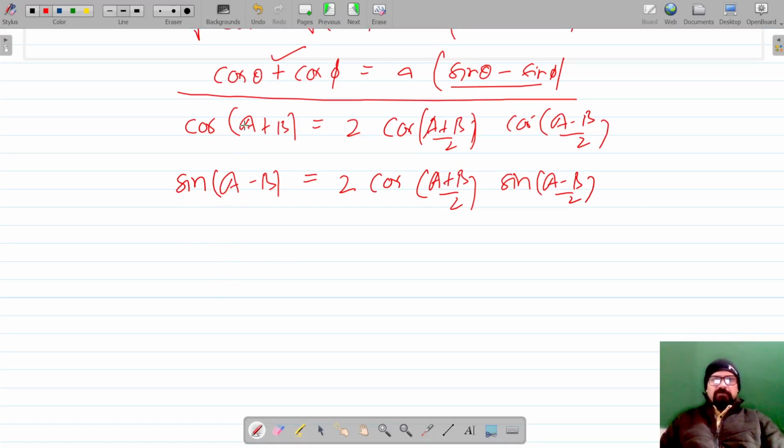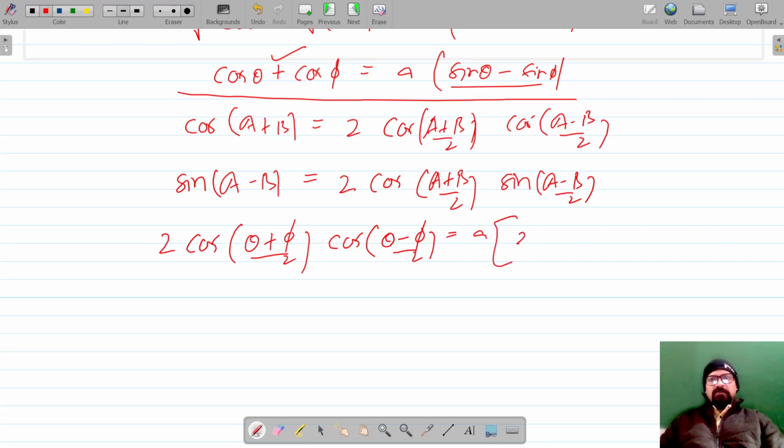So cos theta plus cos phi is 2 cos of theta plus phi by 2 into cos of theta minus phi by 2 is equal to a into 2 cos of theta plus phi by 2 into sine of theta minus phi by 2. Now the common cos term gets cancelled, and the 2 gets cancelled with 2.